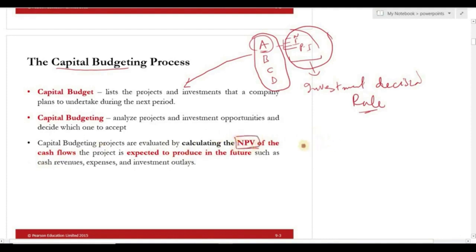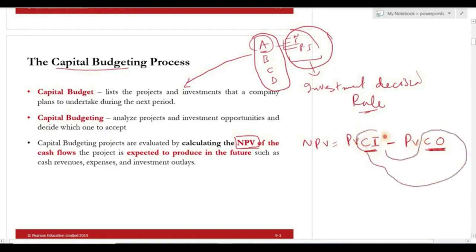And NPV is normally calculated as present value of cash inflows minus present value of cash outflows. Remember, this cash inflow and cash outflow together we can call cash flows, right?